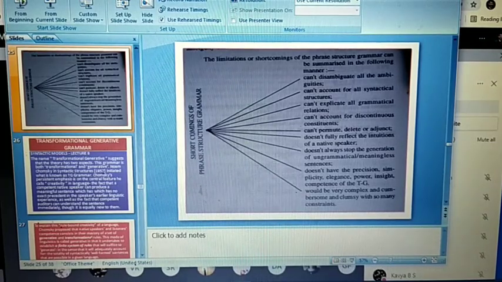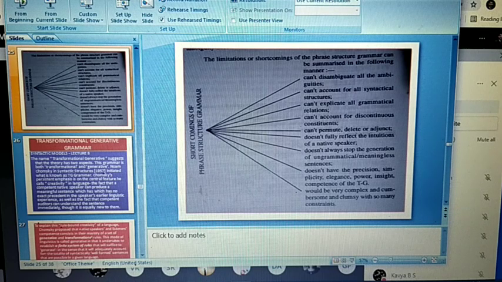And now remember, my dear students, grammarians, because they are not happy with traditional grammar, structural grammar, descriptive analysis, or immediate constituent analysis, phrase structure grammar. Okay, so remember, phrase structure grammar was also advocated by Chomsky.